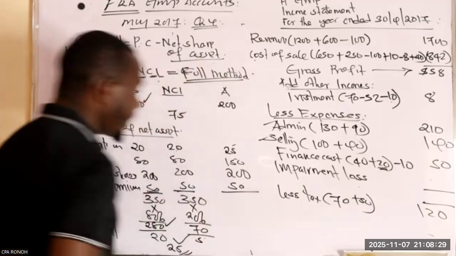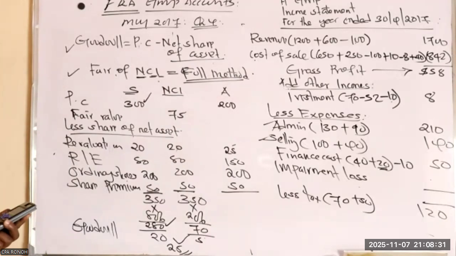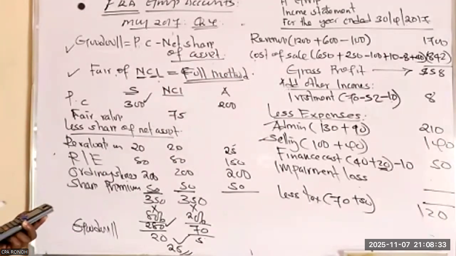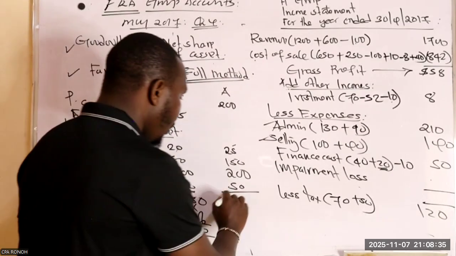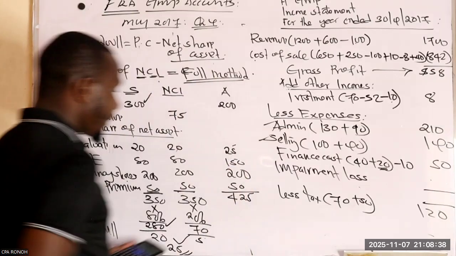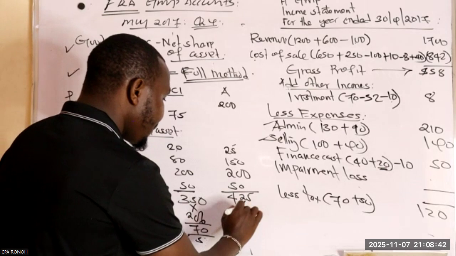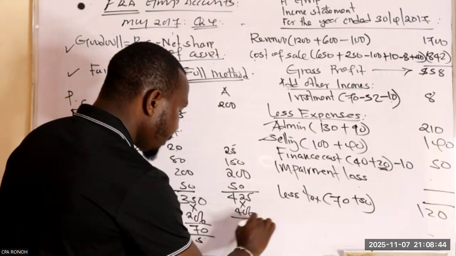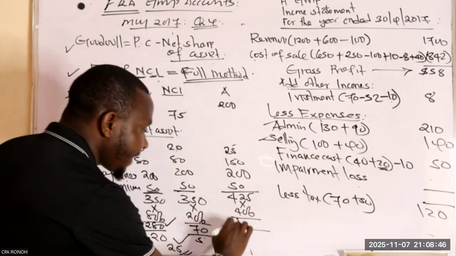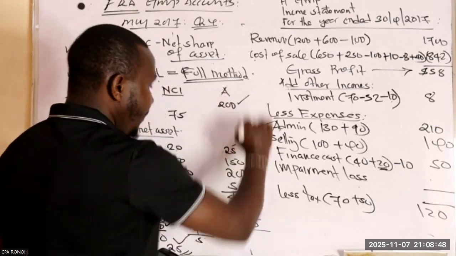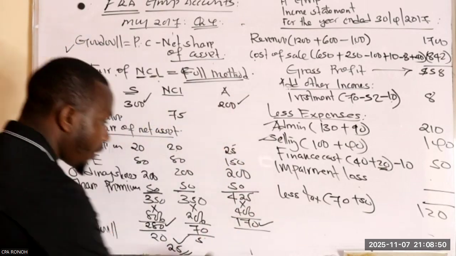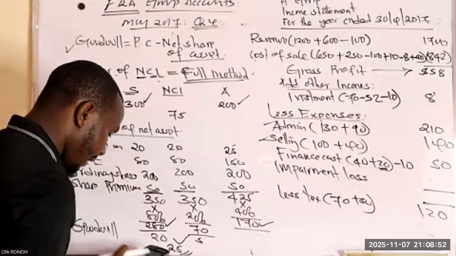This one again, 25 plus 150 plus 200 plus 50, we are getting a total of 425. Multiply by 40% to give us 170. Take this minus this to give us a goodwill of 200 minus answer.